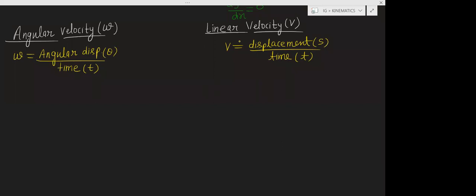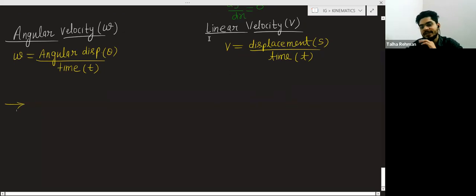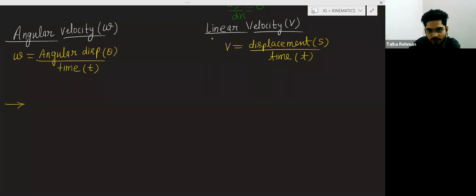Now both are vector quantities. Angular velocity is also a vector, linear velocity is also a vector. Linear velocity is a polar vector.